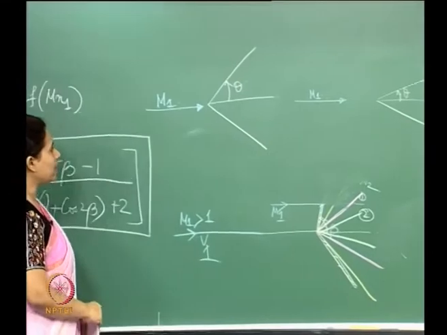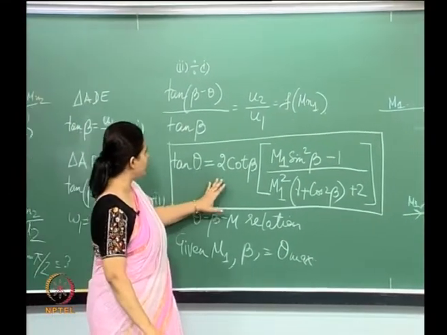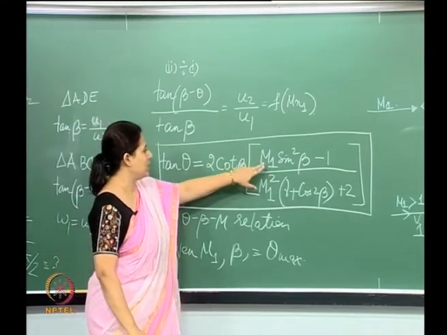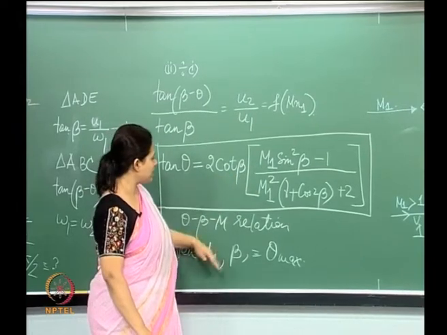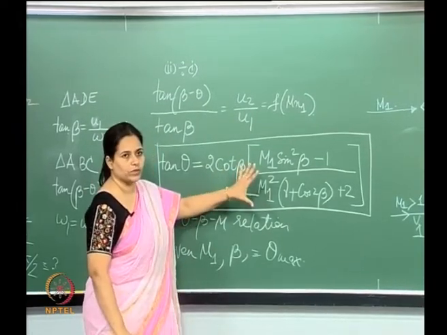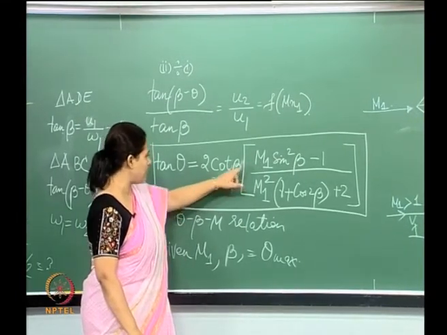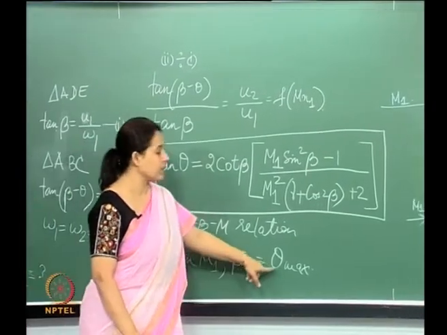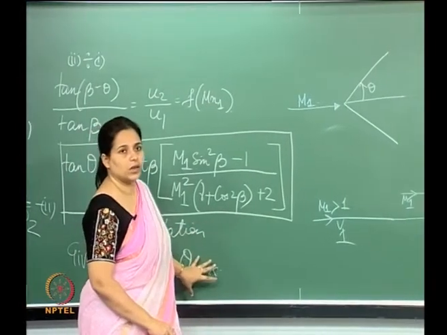If you look at this expression over here, for a given Mach number and a given beta, let us look at the math part of it. For a given Mach number M1 and beta, there is a corresponding theta max. Now, what does this mean physically?